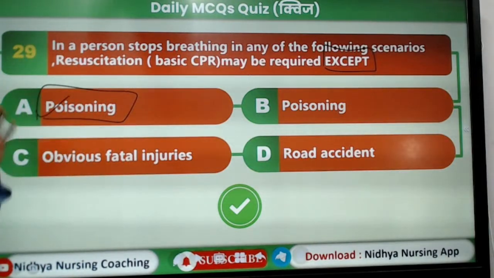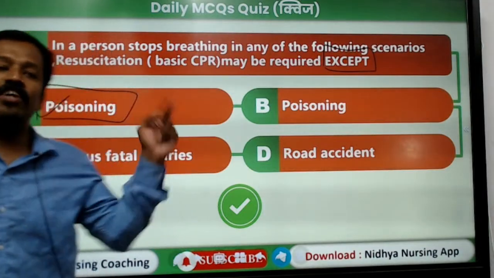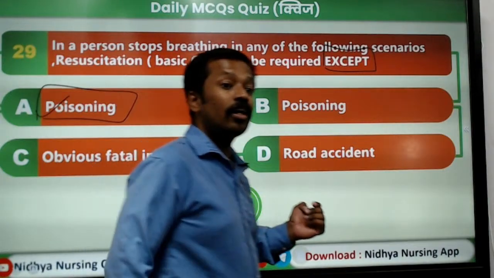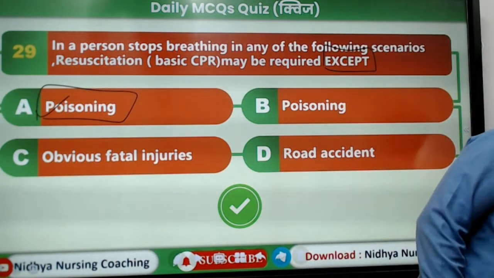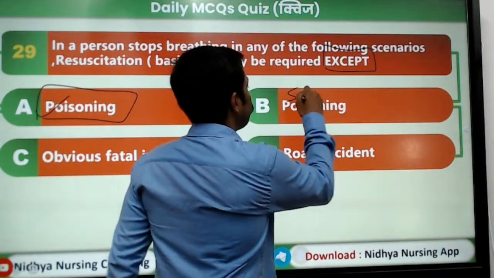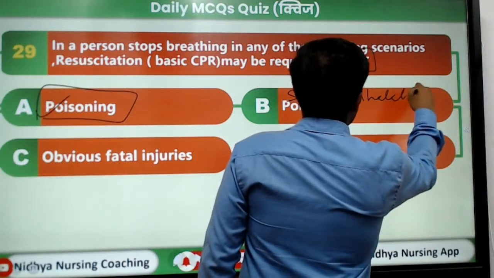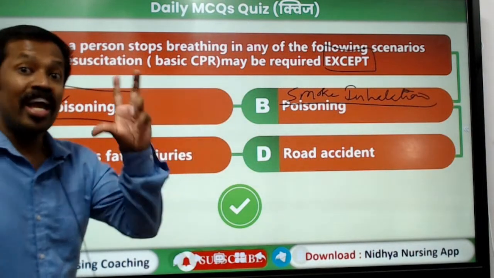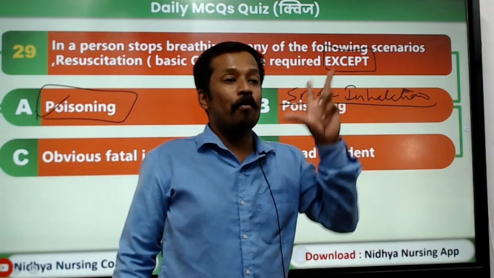If there is respiratory arrest, we should give it. And smoke inhalation. In smoke inhalation, if it is indicated, we should give rescue breath or open the airway.